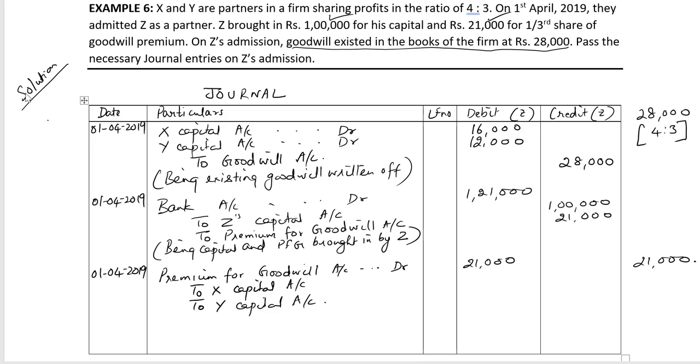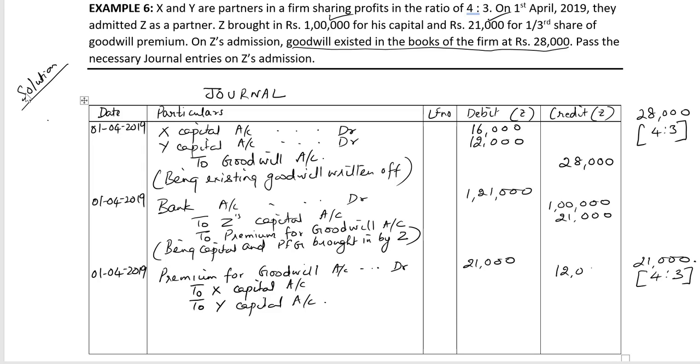If you look at the sum, there is no information given other than the new share of the incoming partner Z. So in this case, unless otherwise agreed, the old partners will sacrifice their shares in the old profit sharing ratio.